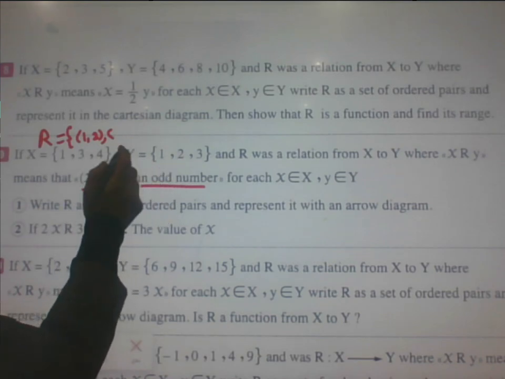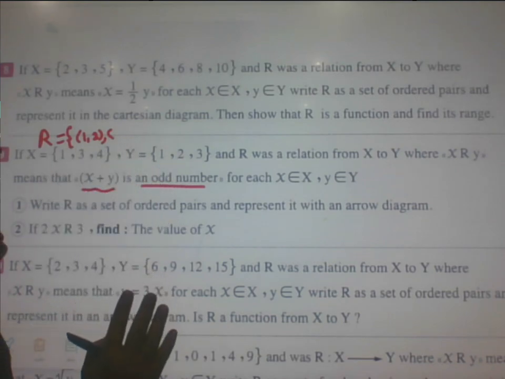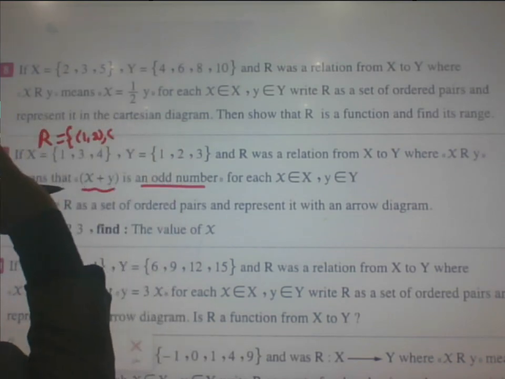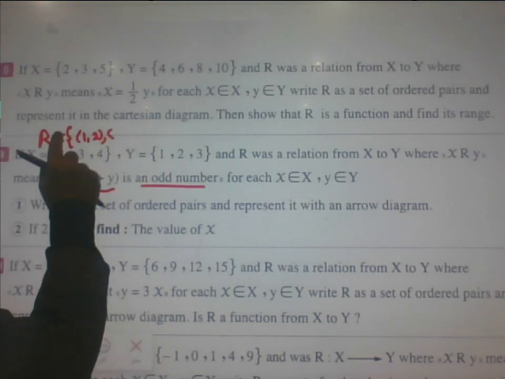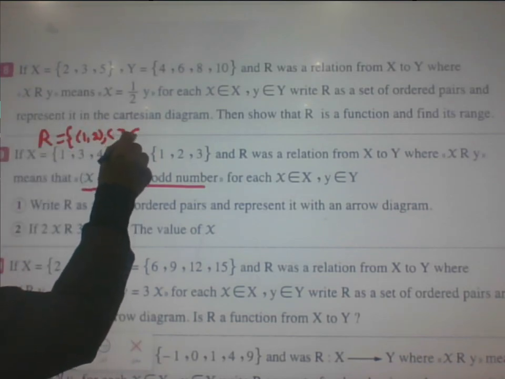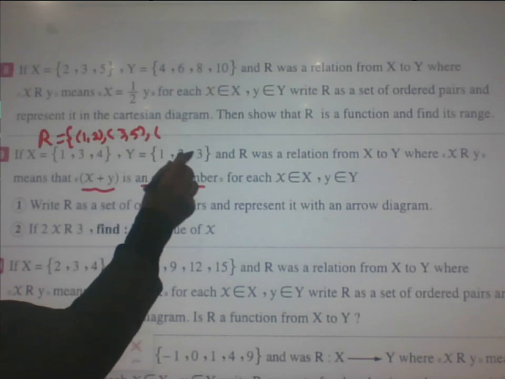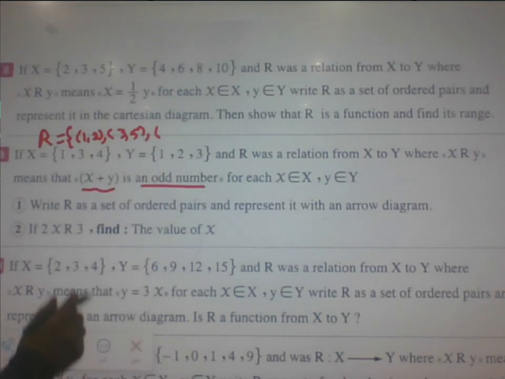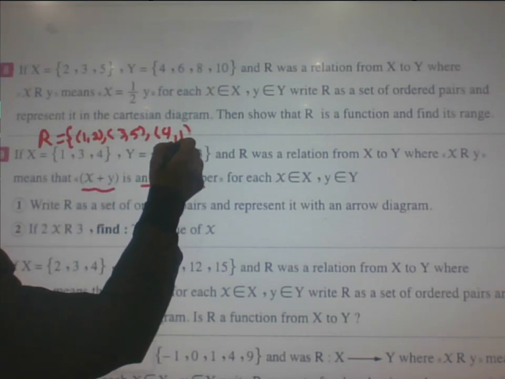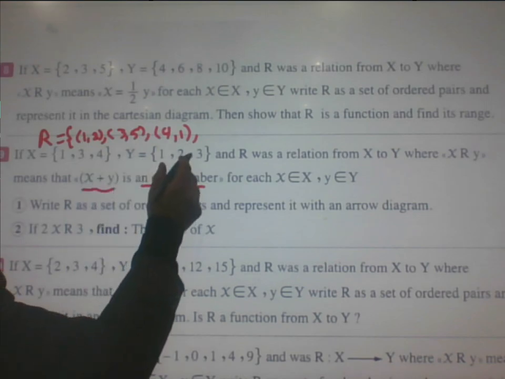And 1 with 3, 4. Okay, cancel it because 1 plus 3 equals 4. 4 is an even number, not odd. 3 with 1, 4. 3 with 2 equals 5. And 3 with 3, 6. Next, 4 with 1 is 5. 4 plus 3 is 7.